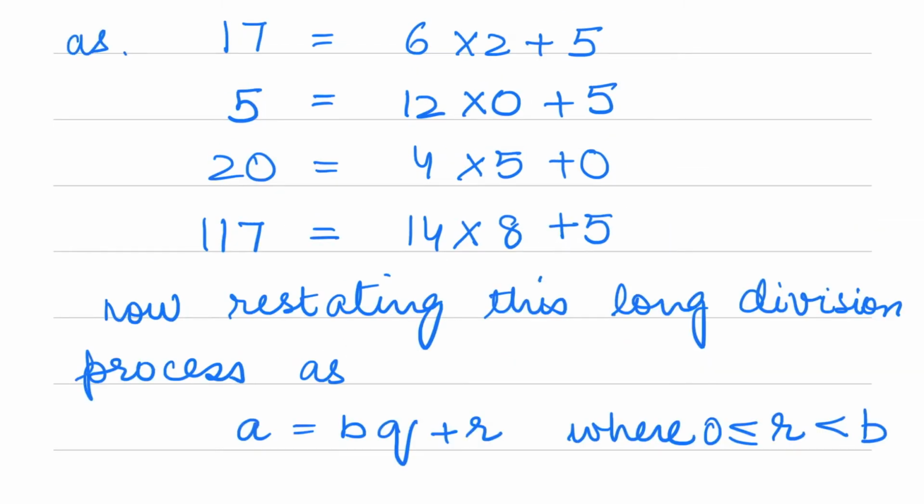So in the first example we can see 5 is less than 6, and in the second example we have 5 less than 12, third 0 less than 4, in the fourth one we have 5 less than 14. So always r is less than b, and r is equal to 0 or greater than 0.